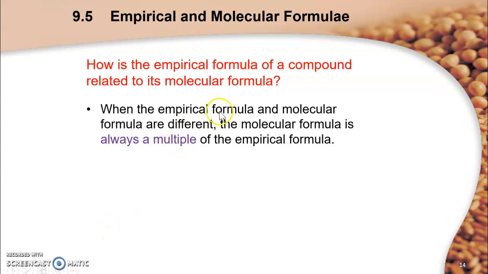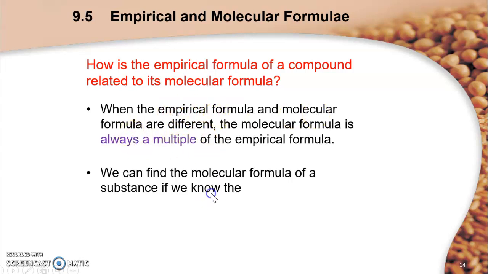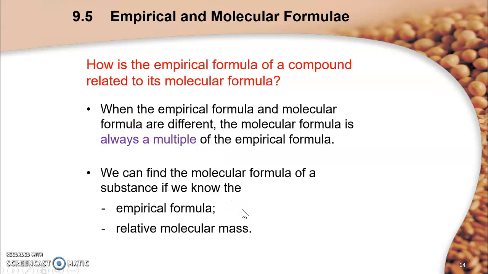Actually, just now when I gave the example of ethene, C2H4, when I simplified it to CH2, the empirical formula and molecular formula are just a multiple of each other. So if we have the empirical formula and also the relative molecular mass, we can find the molecular formula.